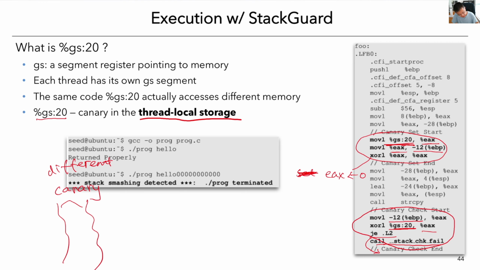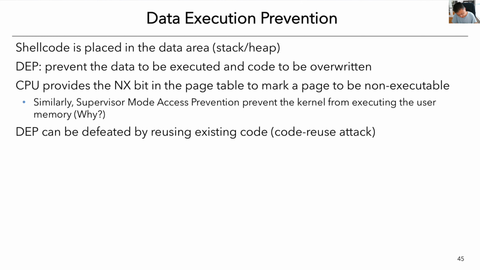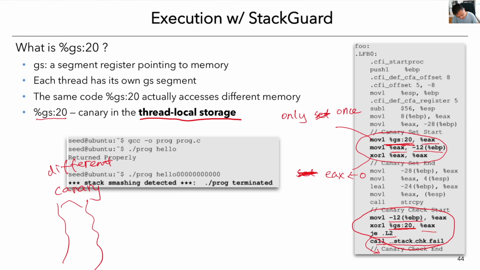If you pay attention to the canary, it is only initialized once, when the program starts. %gs:0x14 points to a memory location.